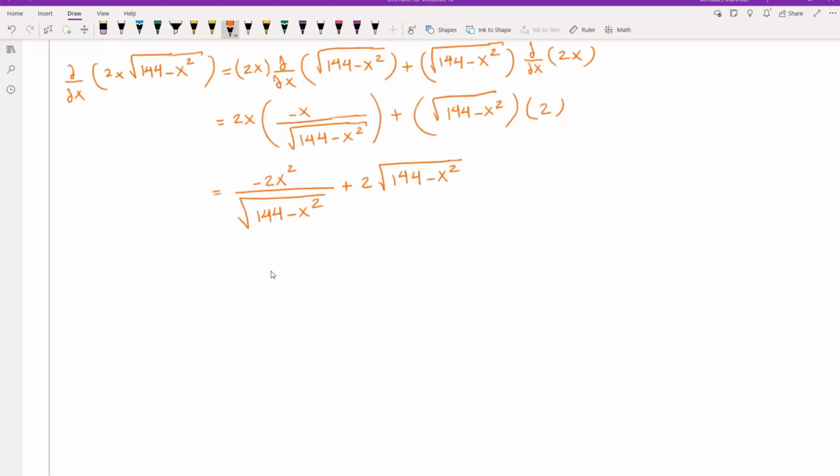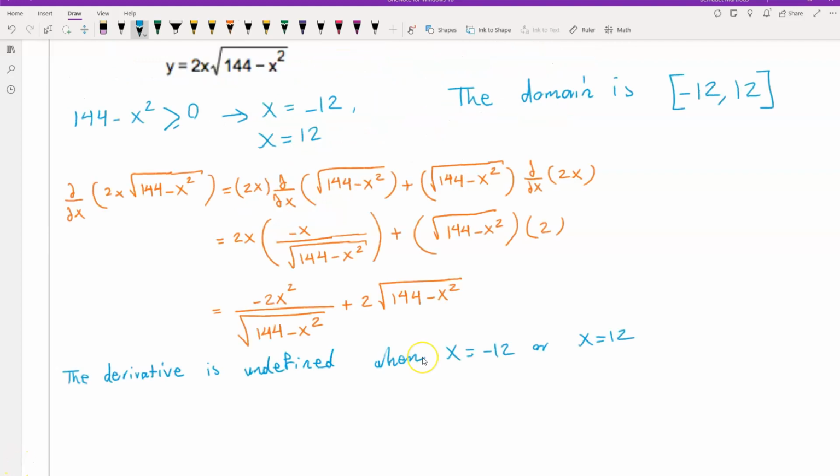This derivative is undefined when the denominator of the first term is 0. So it is undefined when x is negative 12 and x is positive 12, based on the denominator here. These are the same points that we have for our domain, so these values are the domain endpoints.